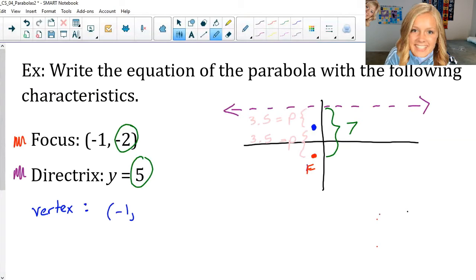Right, so the y value that we started at was negative 2. So if I go up 3.5, I would get to 1.5.